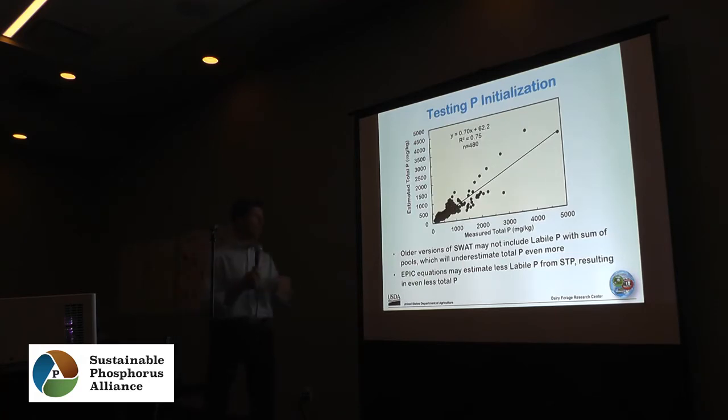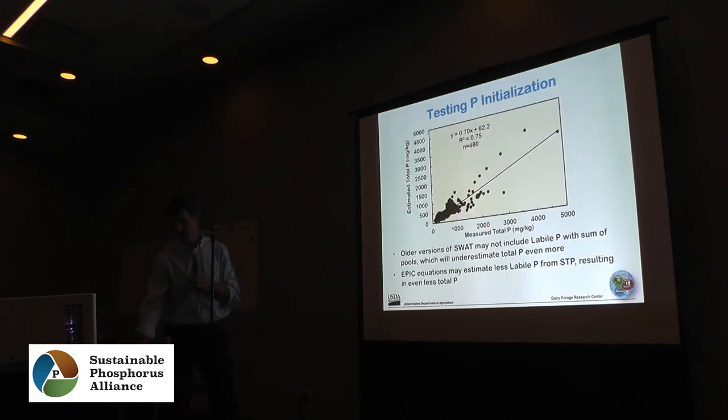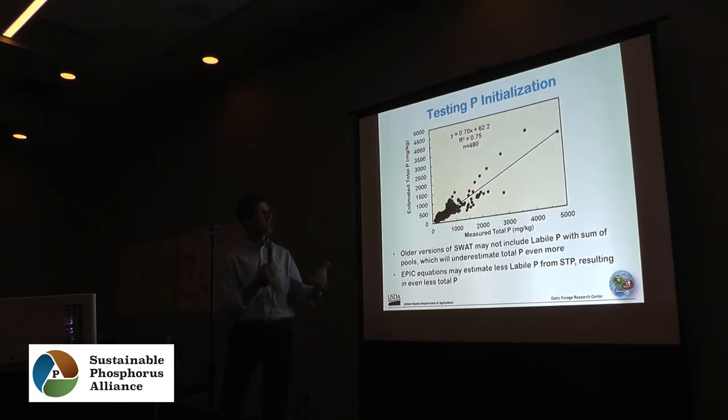So what we found is that that process, if you take just the original equations that were in the literature, so I'll just go back. We're estimating labile P as half of Mehlich 3 or Bray, equal to Olson or Mehlich 1. We'd run it through, and we're finding that our estimated total P was less than what we're measuring when you set the model up.